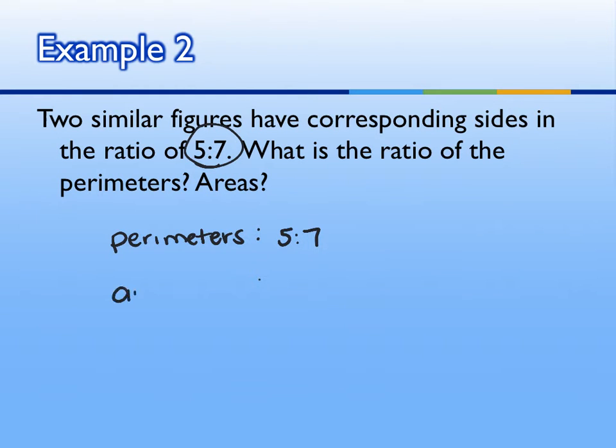How about the areas? Perfect. 25 to 49, or 25 over 49. And this would also be 5 to 7. So either of those answers work.